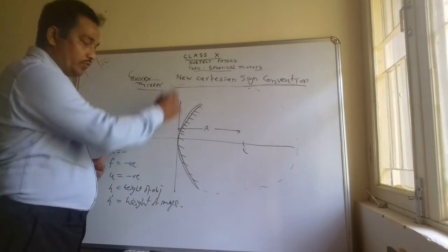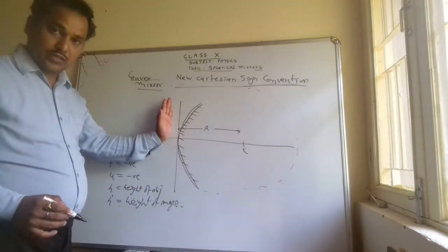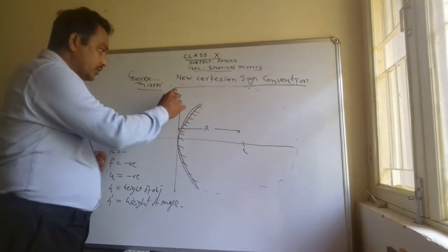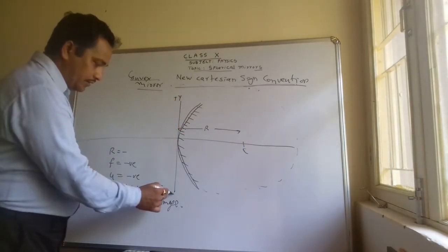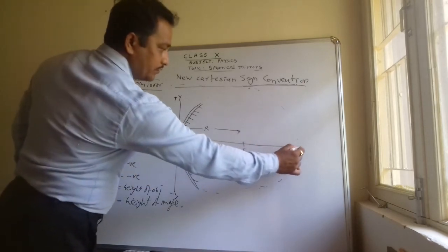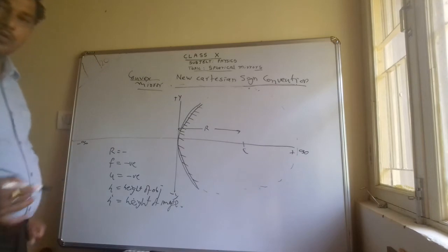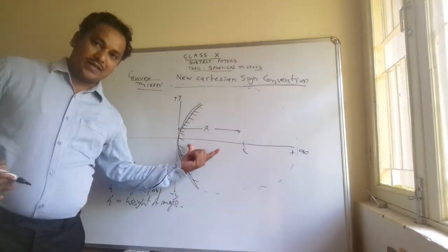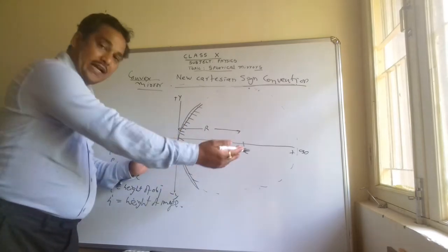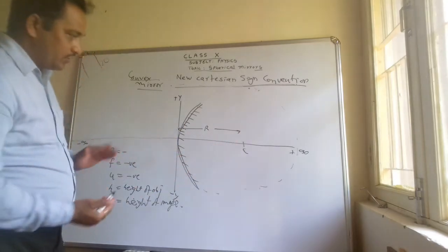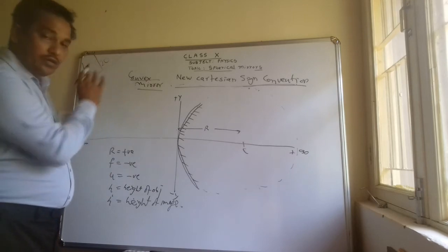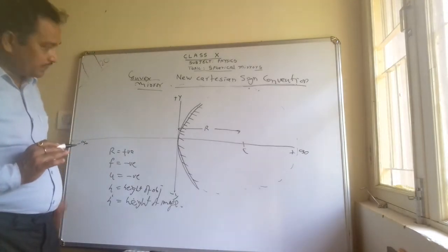Up to the y-axis we have to see the distance, not only up to the mirror. Keep this always in mind. So this is the positive y-axis, and negative infinity and positive infinity. Here it is amply clear that this distance is positive because it is on the right hand side of the graph. So radius of curvature will always be positive in case of the convex mirror.